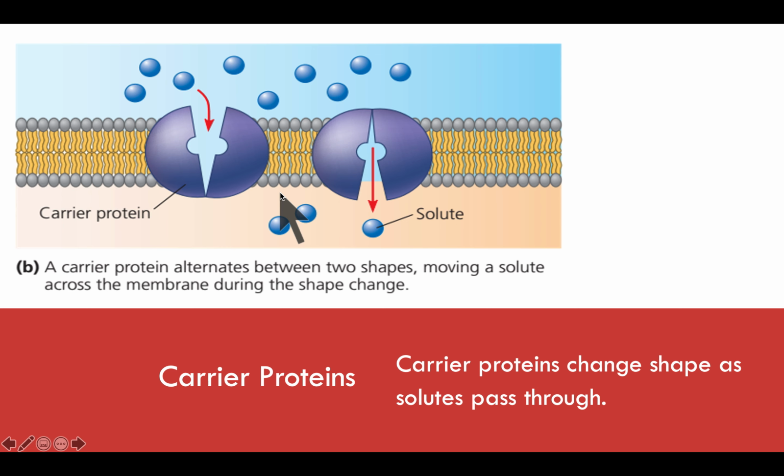Both channel proteins and carrier proteins are very specific to the molecule they assist across the membrane. Even though facilitated diffusion involves transport proteins, it is still passive transport because the solute is moving down their concentration gradient, meaning from high to low concentration.